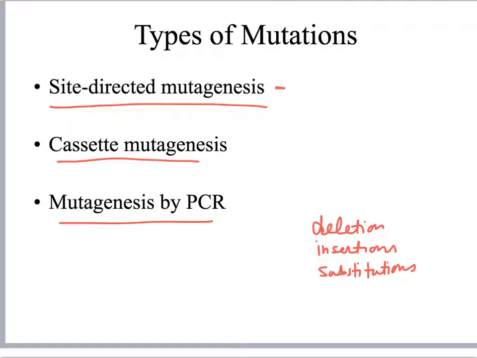Cassette mutagenesis allows for more complex sets of mutations to take place. And the mutagenesis by PCR uses primers to introduce insertions, deletions, and substitutions. So mutagenesis by PCR will allow us to do all of these things. So all of these methods combined allow for the development of designer proteins, or proteins that are not necessarily found in nature.